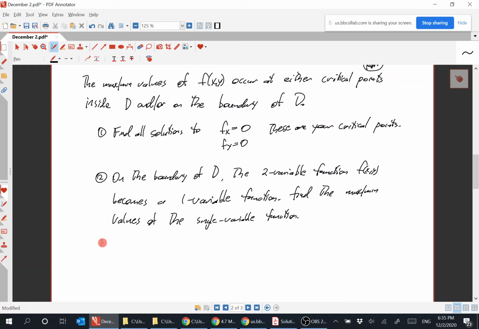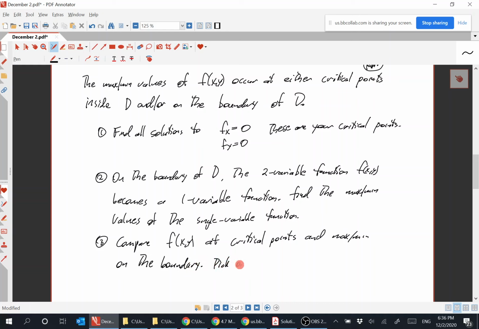And then 3, compare f of x, y at critical points and max and min on the boundary. Pick out the largest and smallest values.